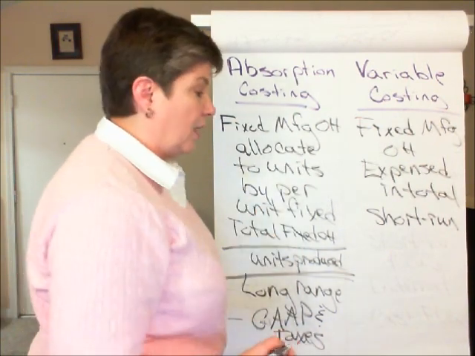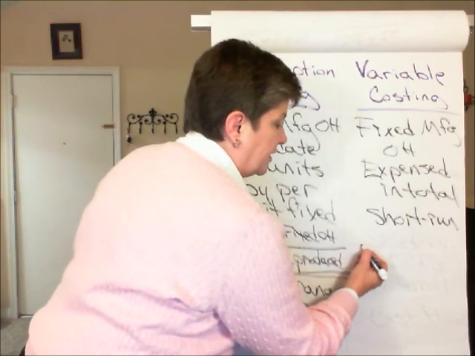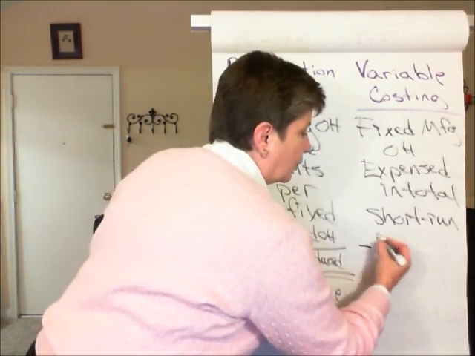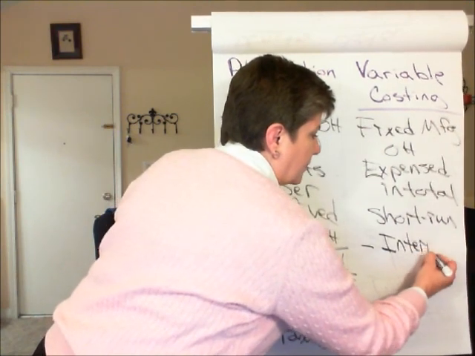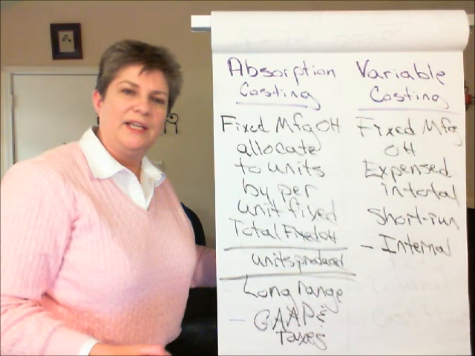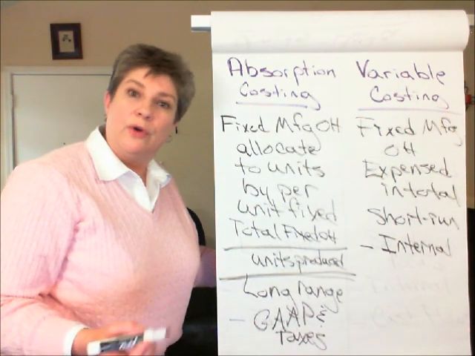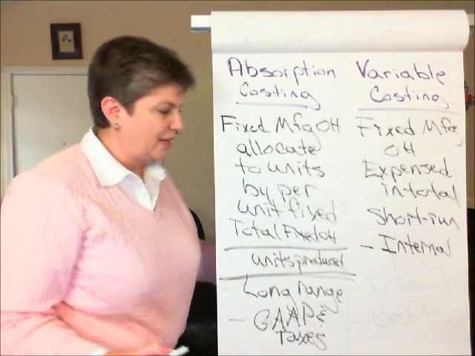However, variable costing, and we've already seen it in earlier videos, is very beneficial for internal decision making, such as short-term pricing, short-term decisions about whether or not to accept a special order and that sort of thing.